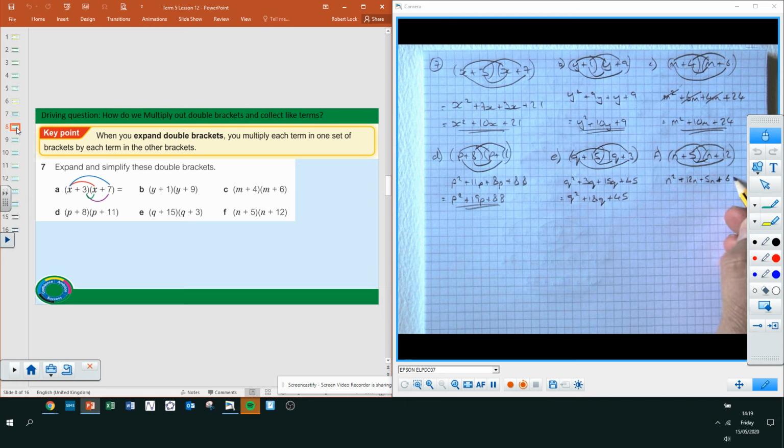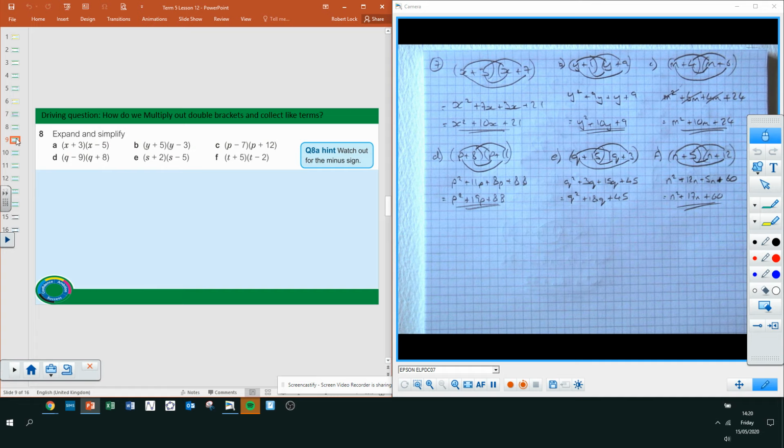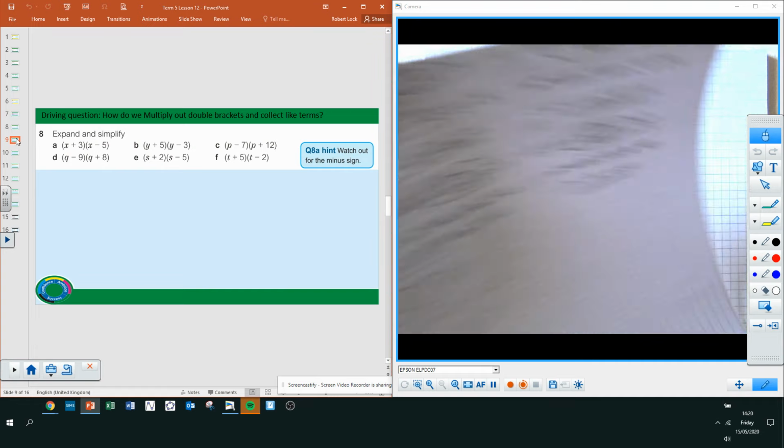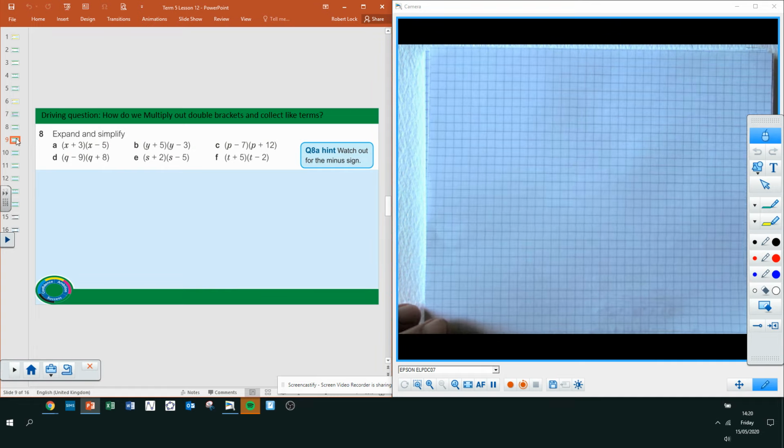So equals n squared plus 12n plus 5n is 17n plus 60. Answers. How did you do? Let's set some questions. Pause and have a go. When you're ready, press play.